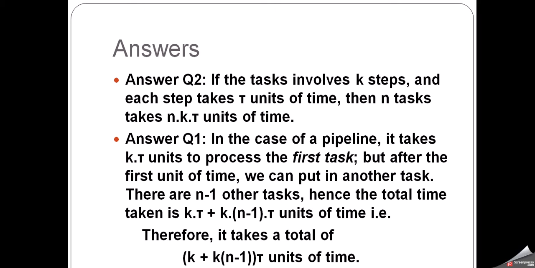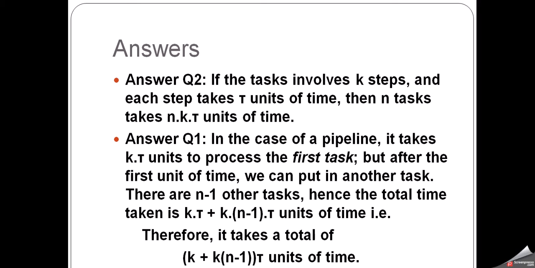In the case of a pipeline, it takes k times tau units to process the very first task. If the first task has got to be processed by k different hardware stages, and each stage takes tau units of time, it's going to take k times tau units to process the first task.